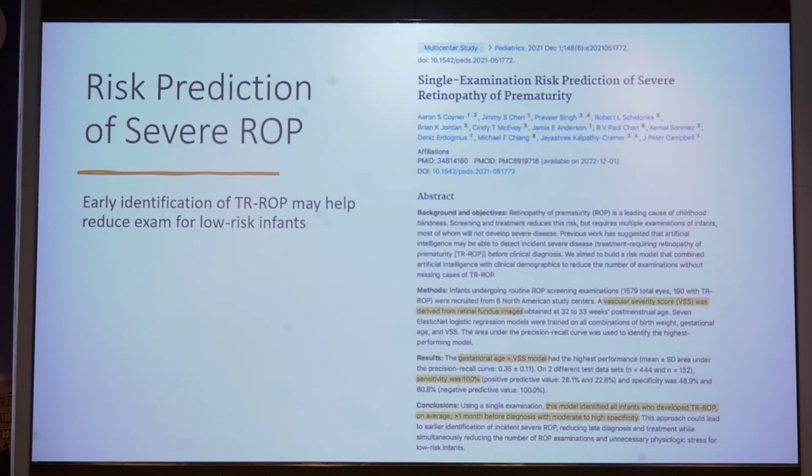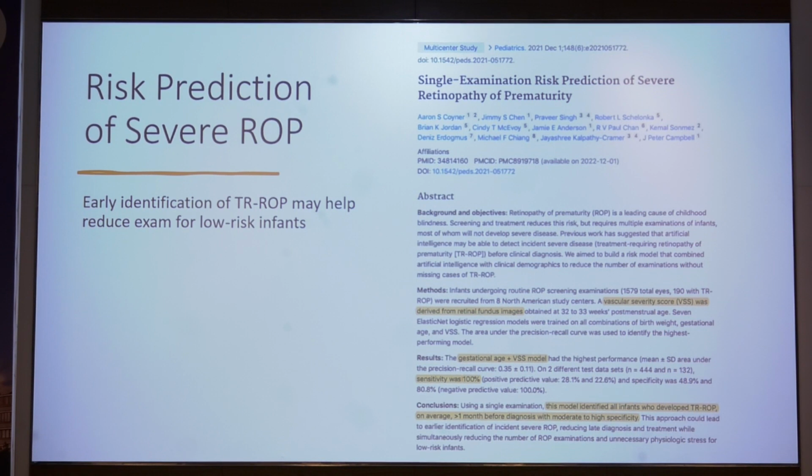AI is also being used to predict the risk of severe ROP developing in children. As early as 32 weeks post-menstrual age, you can use the fundus images, and even without any ROP, the computer will still detect some features. Using the deep learning algorithm, it tells which babies are at high risk of developing treatment-requiring ROP, and this can be predicted a month before it develops.